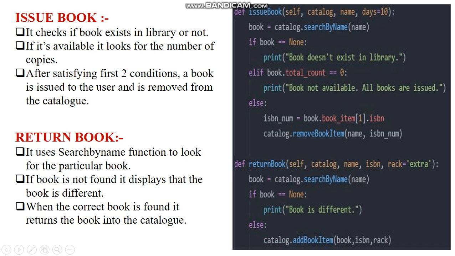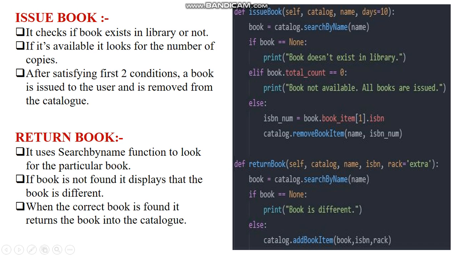While in the return book function, it uses the same search by name function to look for the particular book. First of all, it takes four different arguments: the catalog, name of the book, ISBN number of the book, and rack, which we have kept as an extra argument and made a keyword argument in case we don't want to use it.